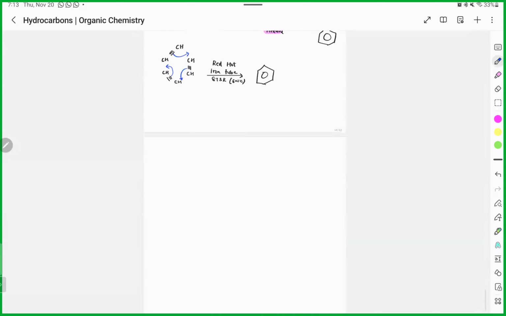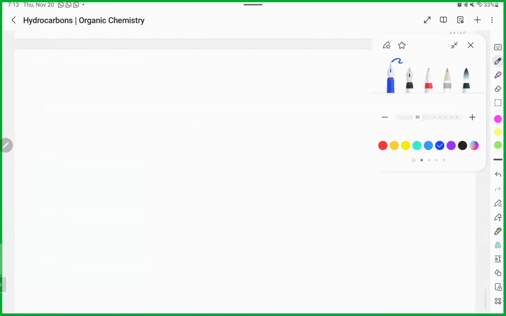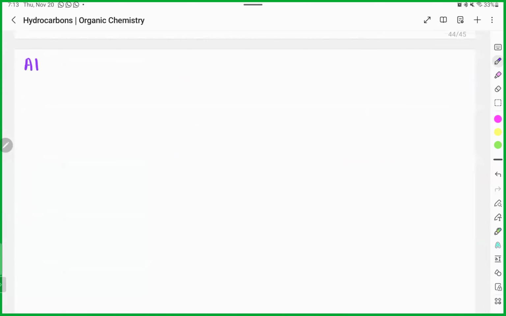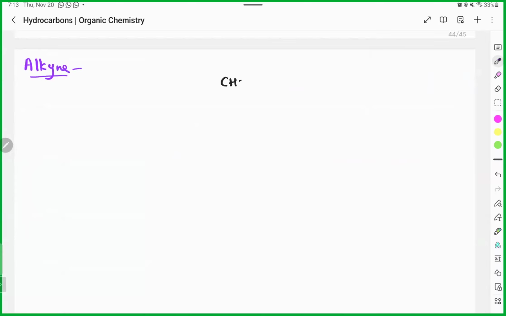If I have to summarize full alkyne in 2 minutes, see the time, it is 7:13. Alkyne, I want to prepare this. So the product is CH triple bond CH. One, I can prepare from calcium carbide using H2O.